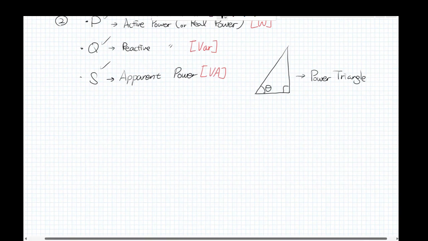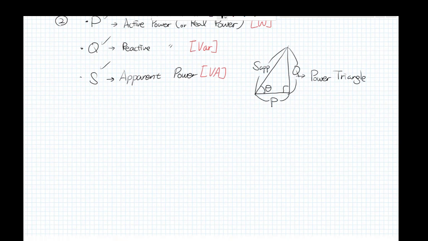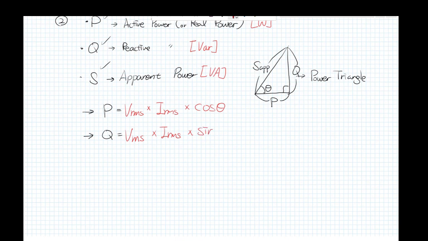So there was a theta. That was S sub APP, the slope, and that was the P and Q. Okay, so let's say the P is usually V sub RMS multiply I sub RMS multiply the cosine theta. Okay, and the Q is V sub RMS multiply I sub RMS multiply the sine theta.